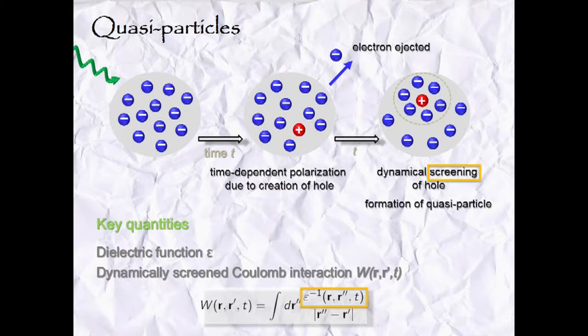So the Coulomb interaction is not the bare Coulomb interaction between all these particles, because think about an electron that is sitting here will feel the Coulomb interaction very, let's say, bluntly from a neighboring electron. But if this electron is sitting far away, there are many other particles in between which screen this interaction, and that's why it's much more appropriate to consider, instead of this bare Coulomb interaction, so this 1 over r potential here, the dynamically screened one. This is the essence of Green's function theory.